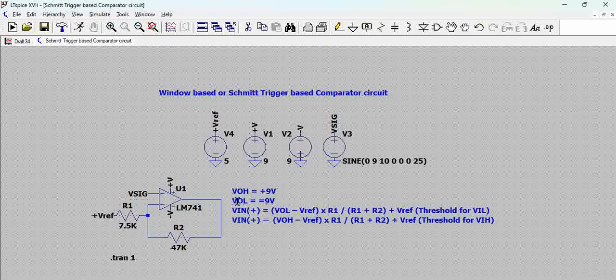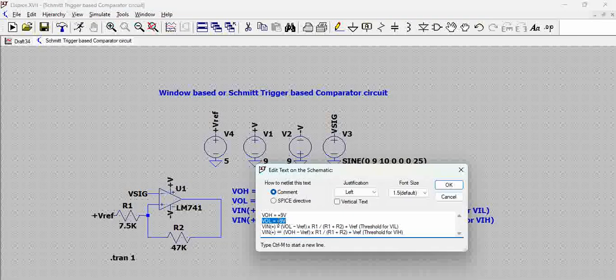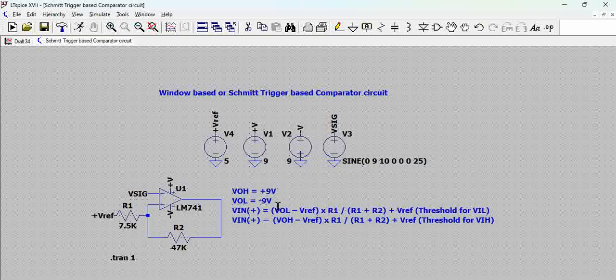Whereas VOL, the lower voltage, is minus 9 volts here. So the output can transition between minus 9 volts and 9 volts based on the level of the V signal compared with the non-inverting input. And then we need to know at what levels these transitions happen.